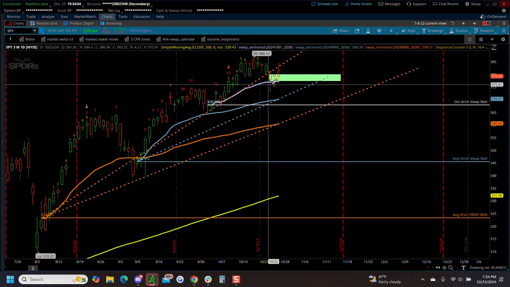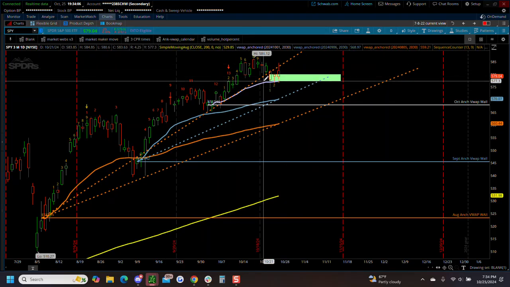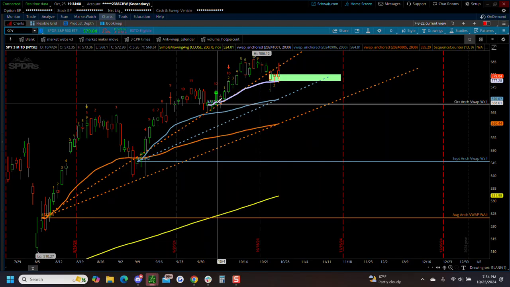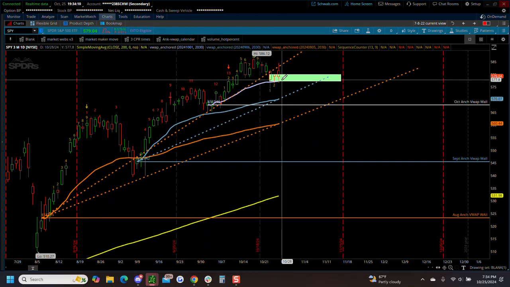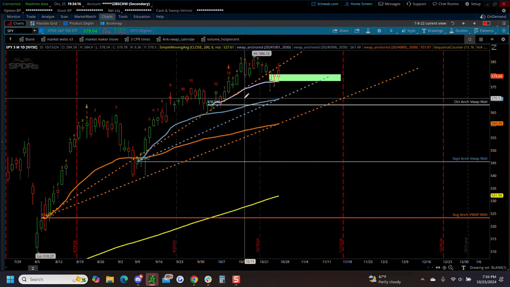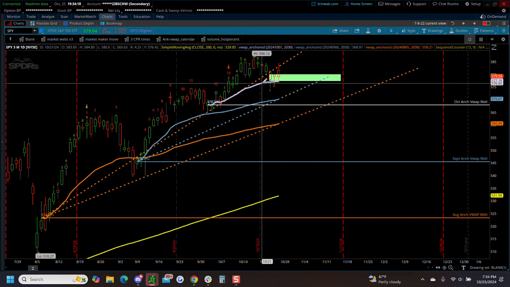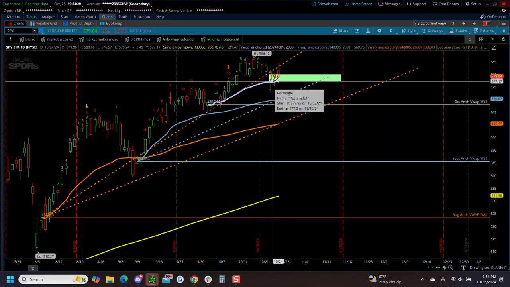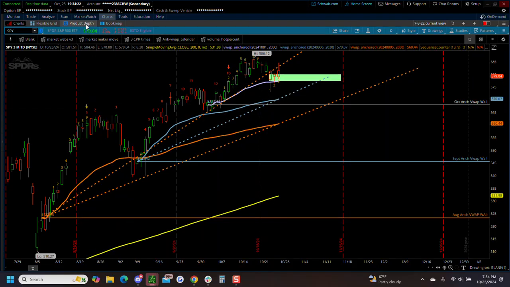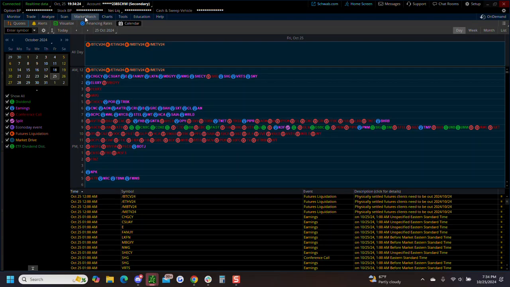So far, October anchored VWAP is holding for SPY, so it's not in too bad a shape. And then also what I typically do is, like Sunday night, I'll go over to my calendar here and I will anchor a VWAP off the prior Friday.